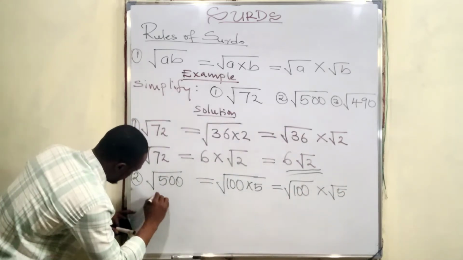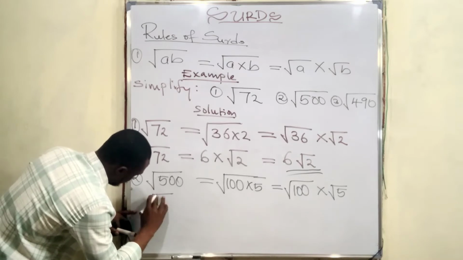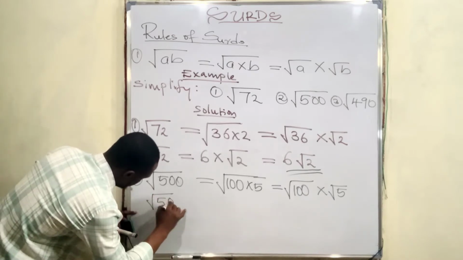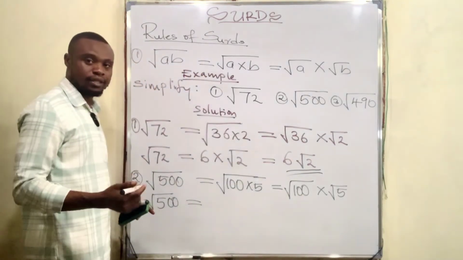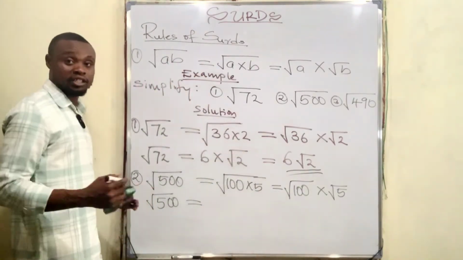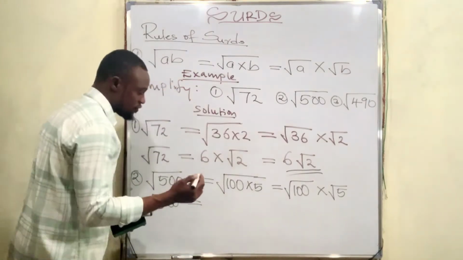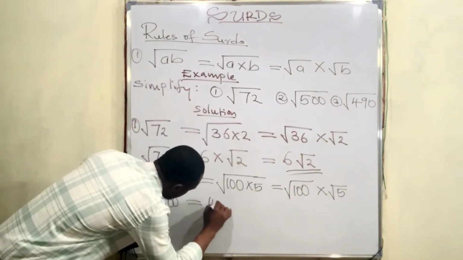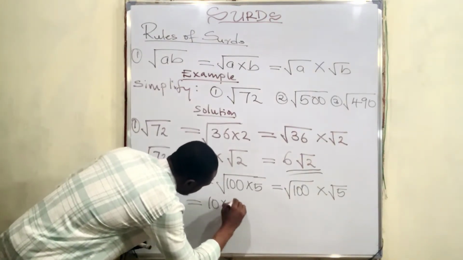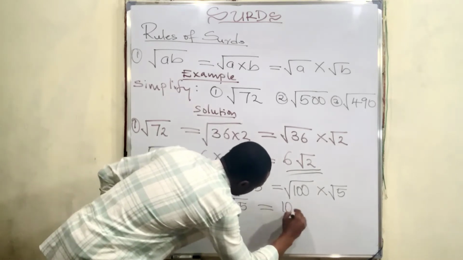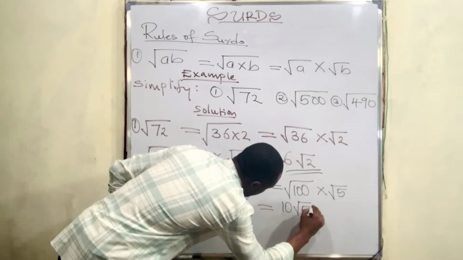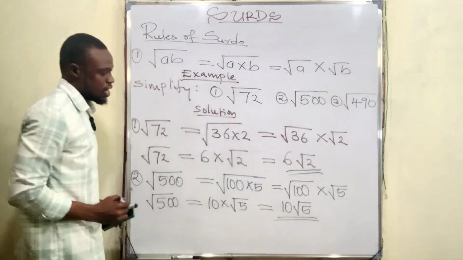So the root of 500 is now equal to... the root of 100 is 10. And root 5 is irrational. So we have 10 times the root of 5, which is the same thing as 10 root 5. So this is our answer.